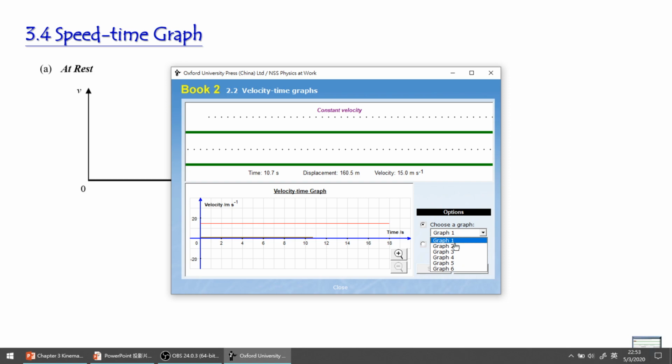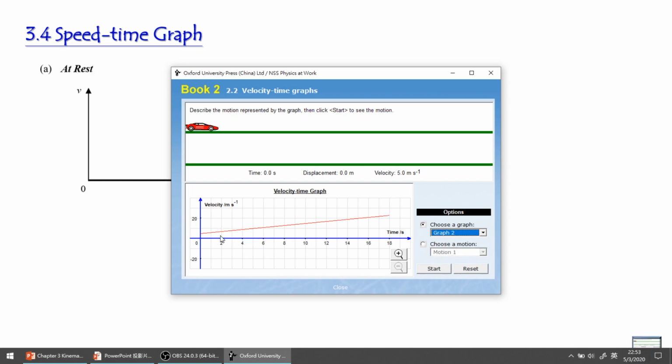Okay? How about graph 2? This one is not a horizontal line, it is a straight line with a positive slope, a straight line sloping up. Can you guess the motion of the car? You can predict that at the start, it moves with a speed of 5 meters per second.